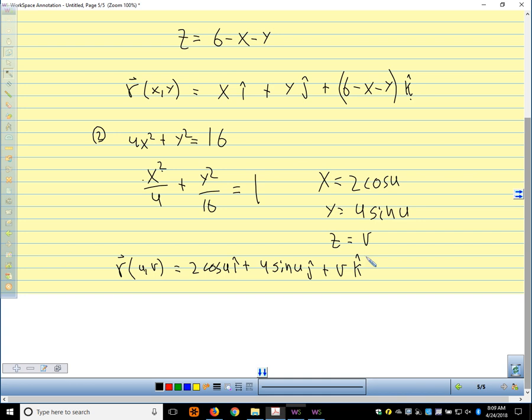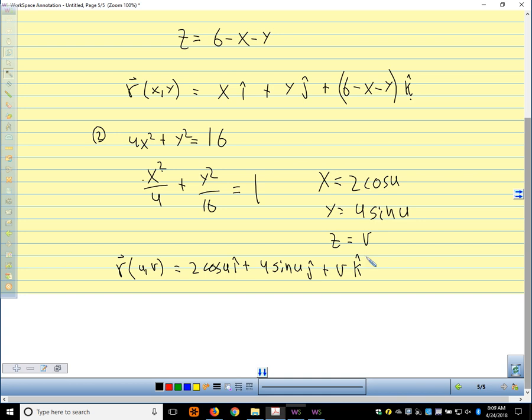All right. Now the reason that we want to parameterize these surfaces is that we're going to start talking about surface integrals. And we want to talk about a little element of area on this surface. We're going to use this parametric representation of the surface to come up with a representation for a little element of area. What do you think that little element of area is going to involve?